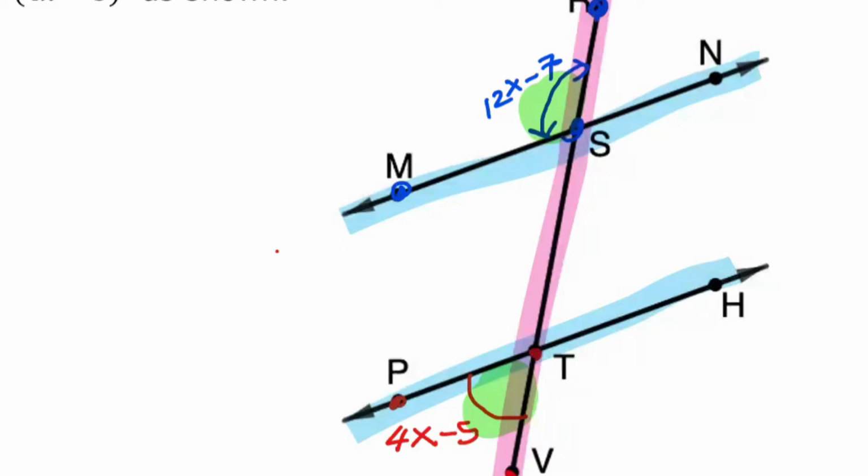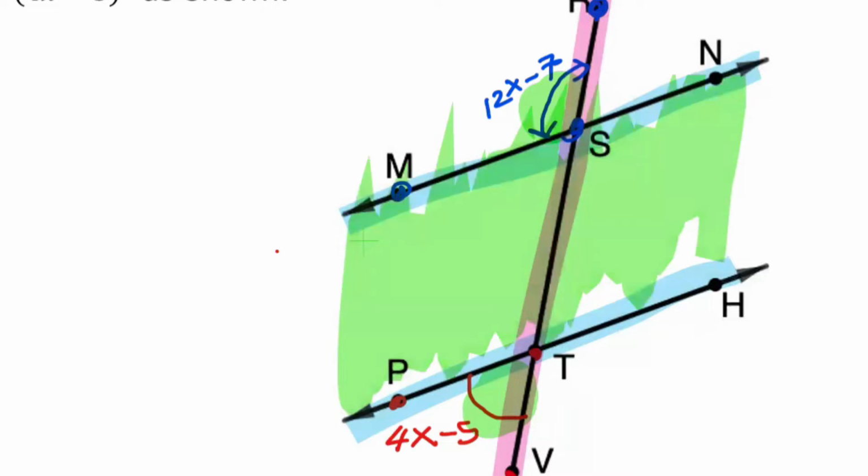Also, we notice that those two angles are outside of the parallel lines. They are not between the parallel lines. So that makes them consecutive exterior angles.